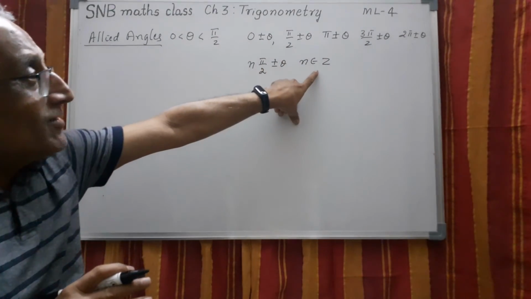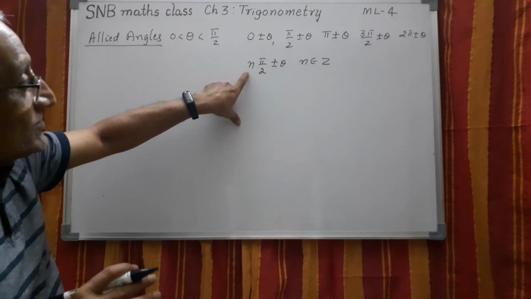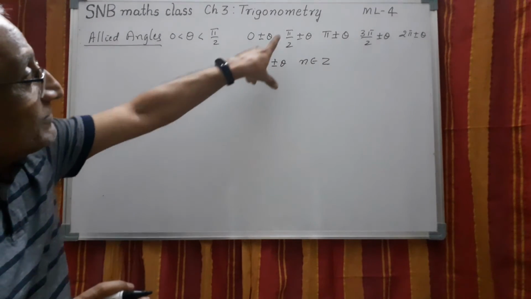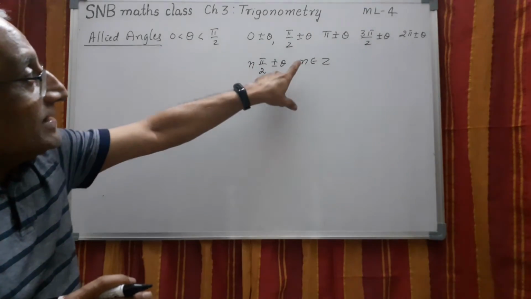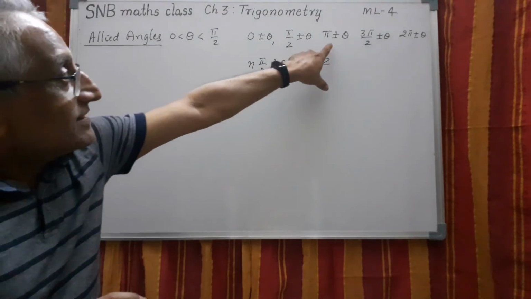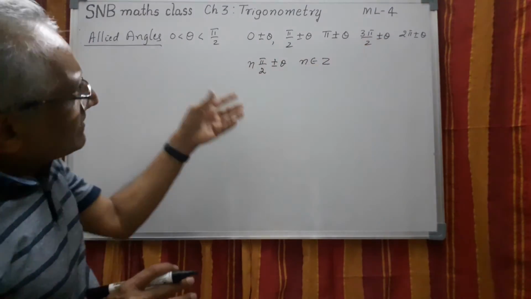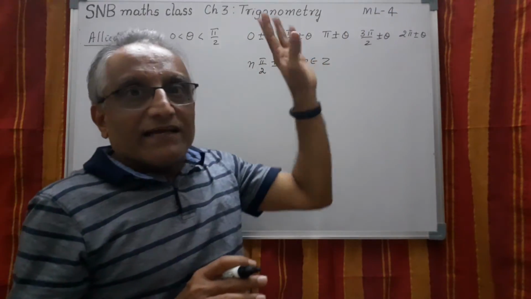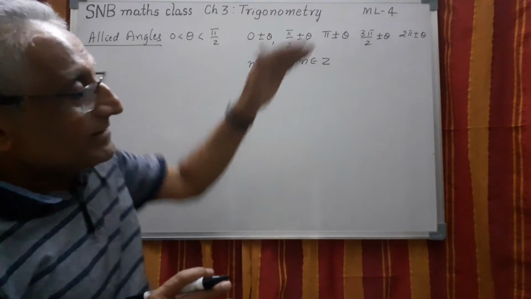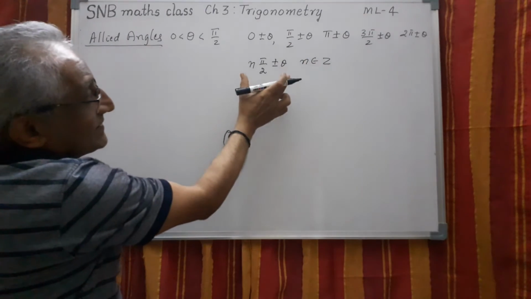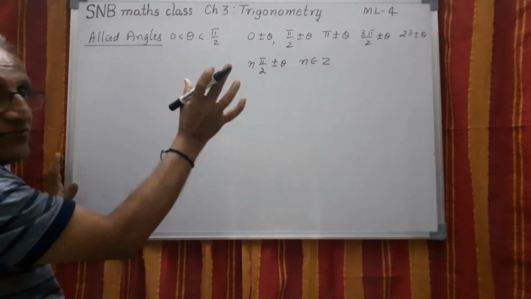Because n belonging to Z means it can be 0 also. When n is 1, you get pi by 2 plus or minus theta. When n is 2, you get this condition. n is 3, this condition. n is 4, that condition. And any other n, it will be one of these only. So this is called allied angles separately, and this is in general. This is the meaning of allied angle.